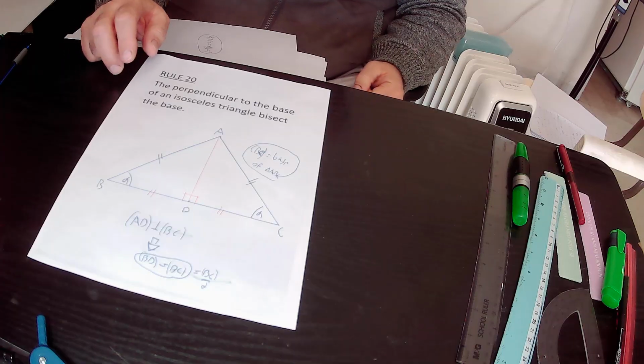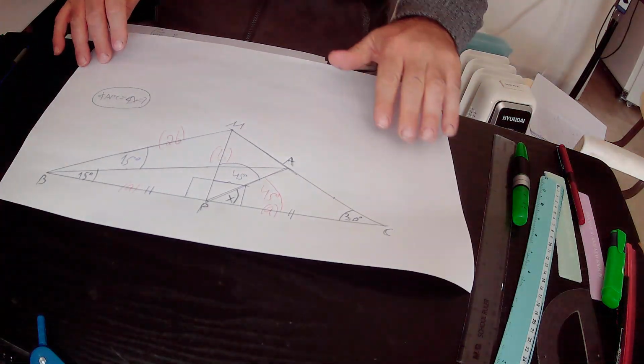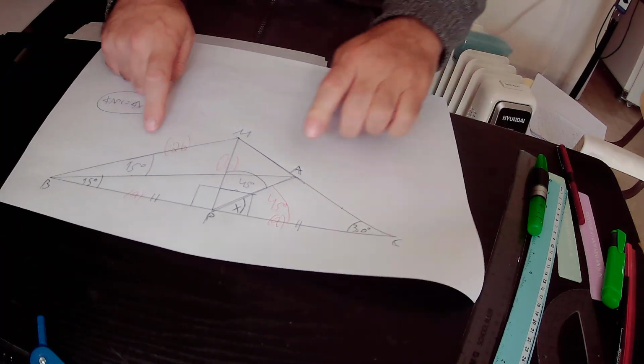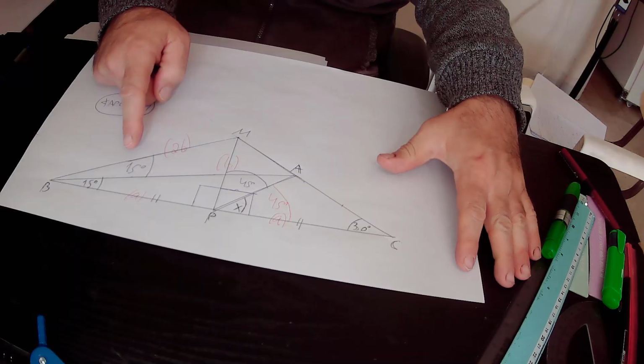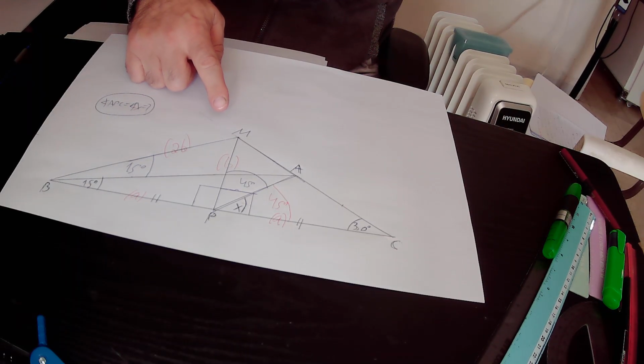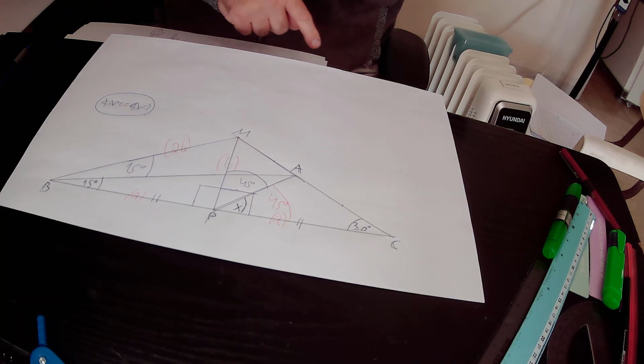So can we implement rule 20 in our drawing? This is the isosceles triangle BMC. BC is of course the base of this isosceles triangle. According to rule 20, the perpendicular from point M to the base BC bisects the base BC.